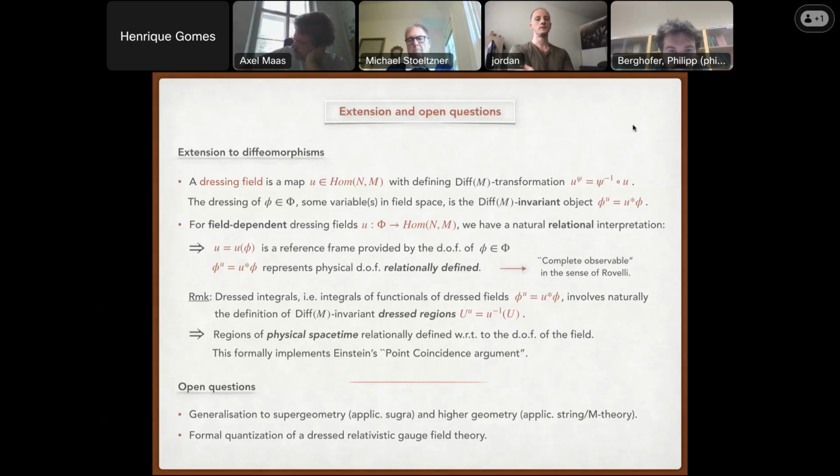But in any case, I would demand that whatever is used for the dressing field, if you're going to allow it to have its own configurations, let's say, to correspond to a physical field, which I think, as you said, is the more interesting case, then you also need to demand that these physical fields that you're using for the dressing are coupled to the fields that you want to dress. Right, dynamically coupled or whatever.